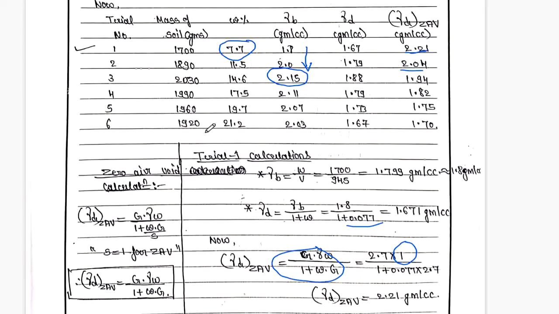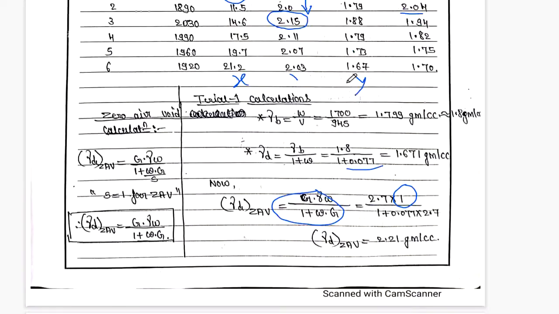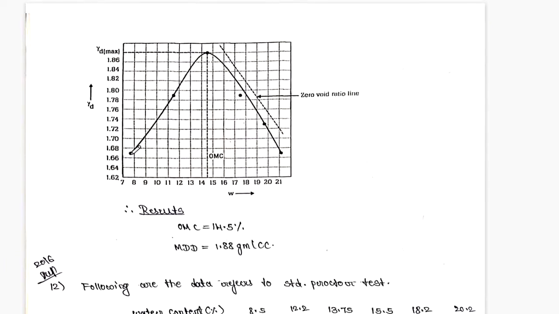After calculating all these, on the x-axis I keep water content and on the y-axis dry density, and I plot the curve by marking all the points.